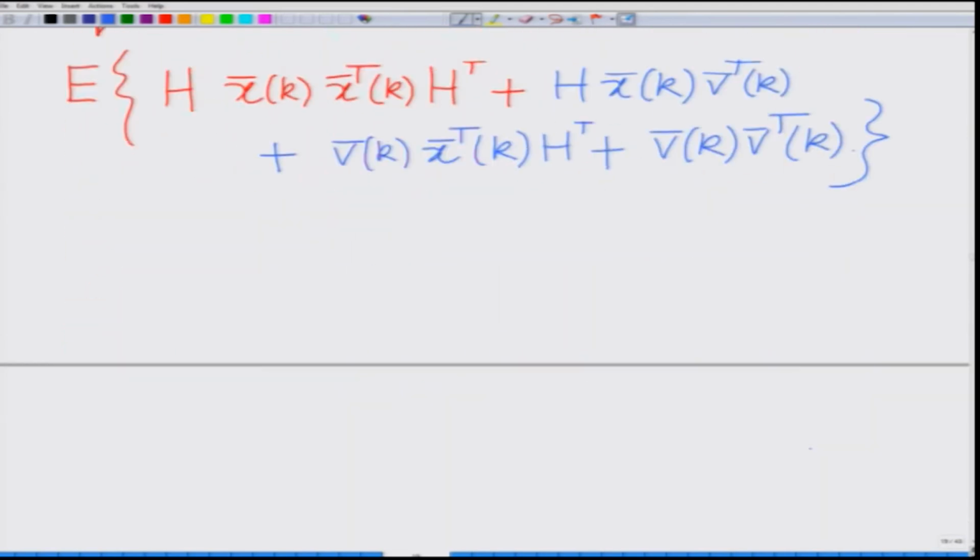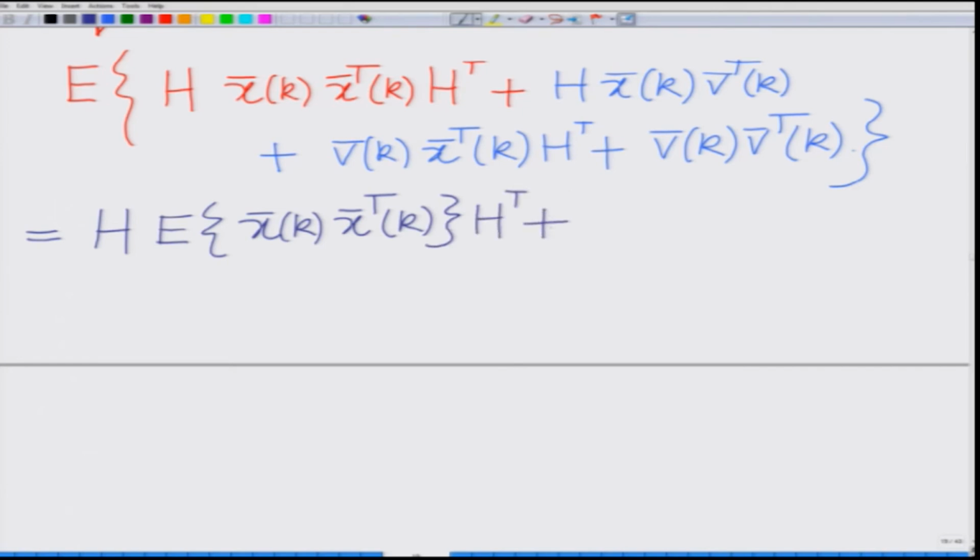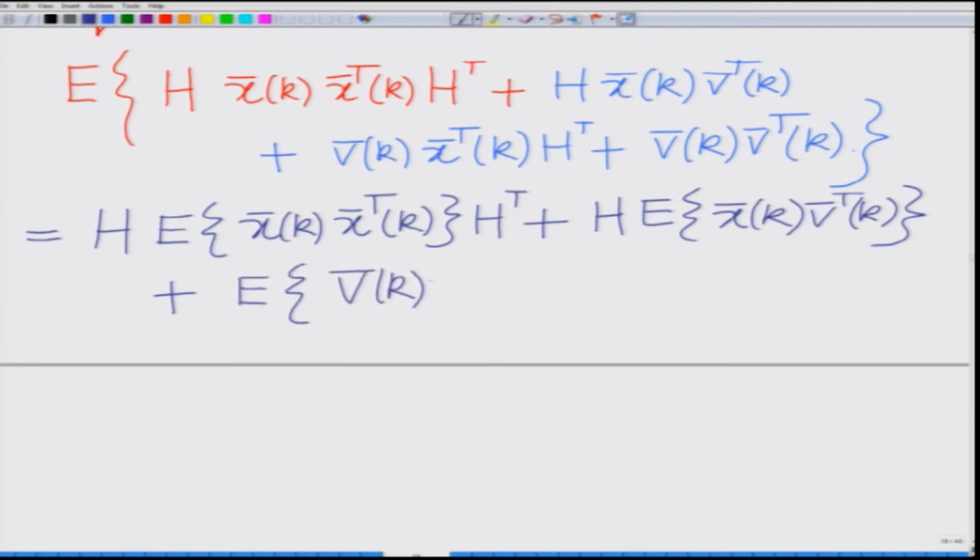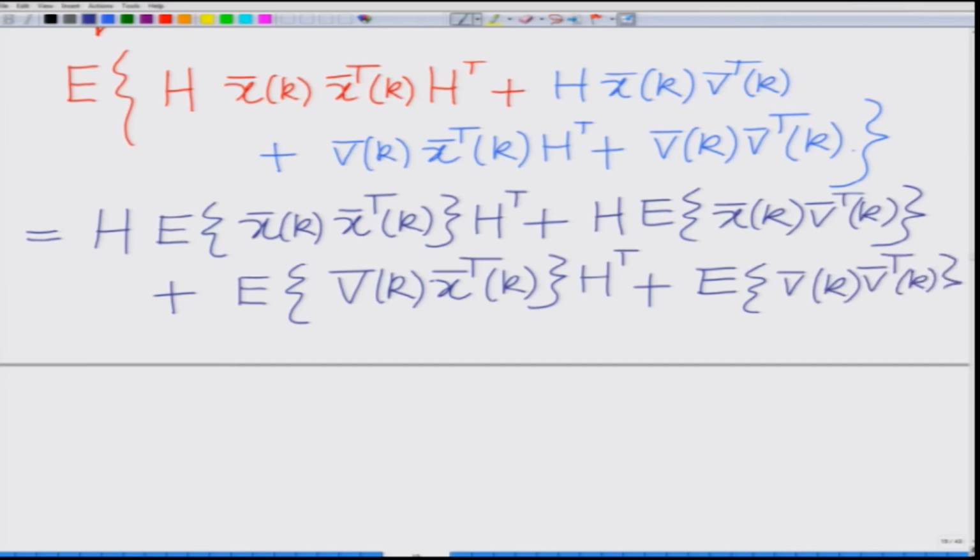Now splitting this expectation operator, we have h expected x bar k x bar transpose k h transpose plus h expected x bar k v bar transpose k plus expected v bar k x bar transpose k h transpose plus expected v bar k v bar transpose of k.